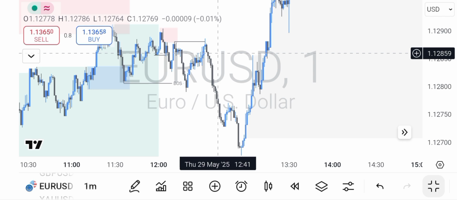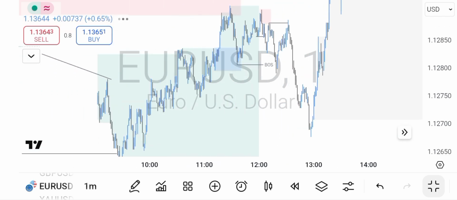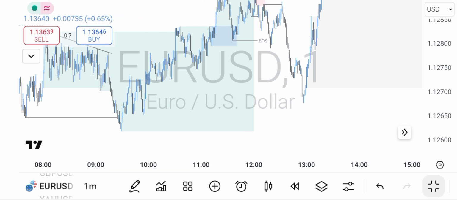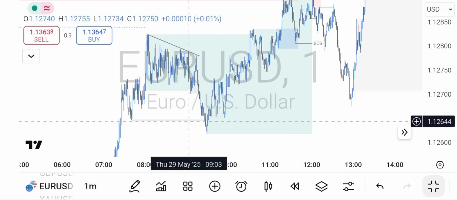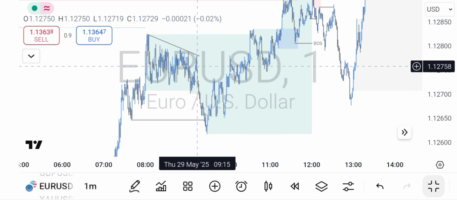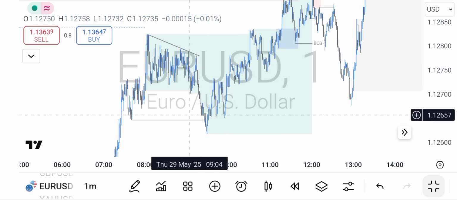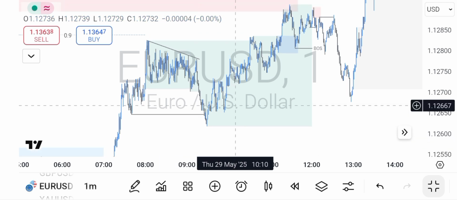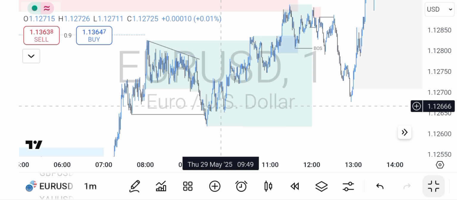But what people paid less attention to was, let me show you something, this area. This break of structure that I told you earlier that induced people into selling here was actually a run of liquidity to fuel this move higher. Why did I say so?